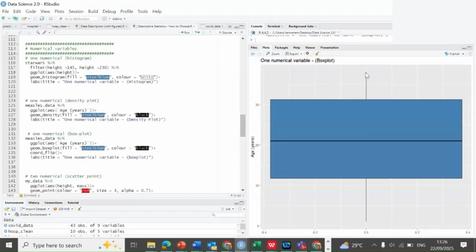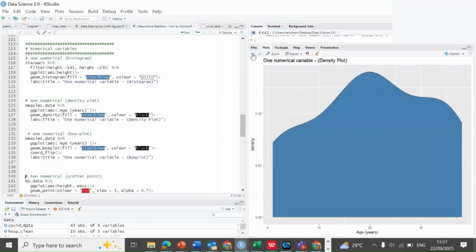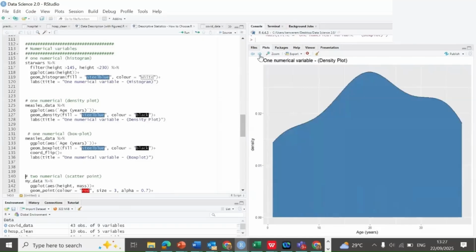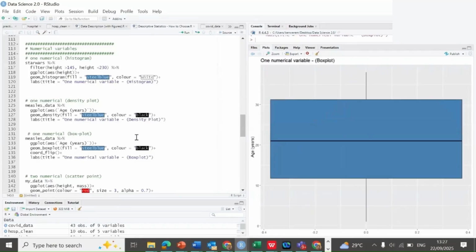The ends of the whiskers are the maximum and the minimum values of that variable. So this is a box plot. So again, for a single numerical variable, we use either a box plot, a density plot, or a histogram. Okay. So that's a single numerical variable.